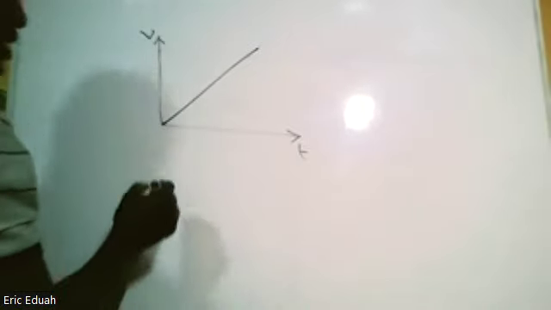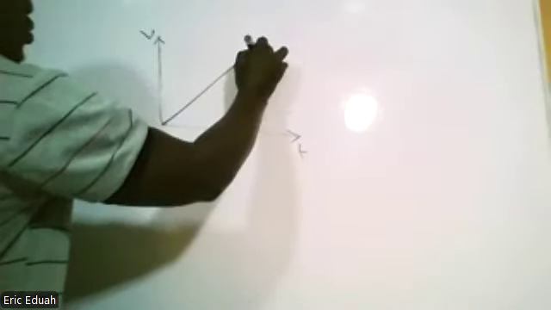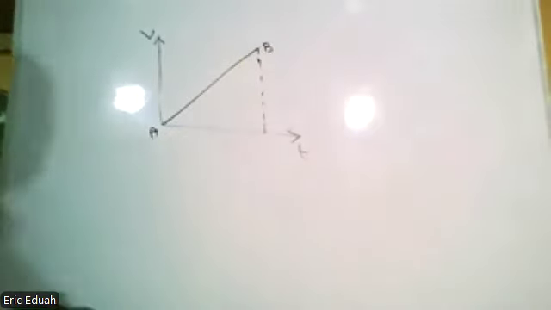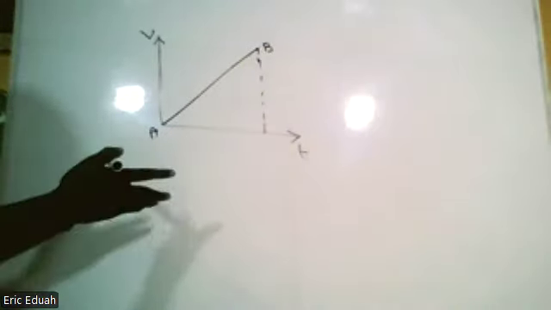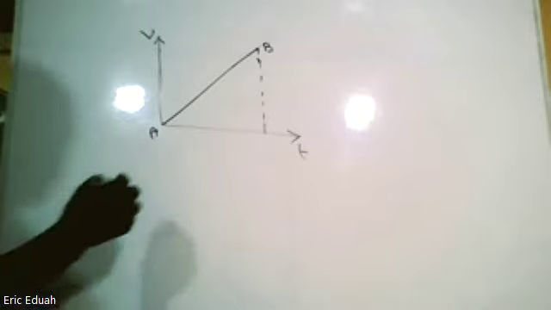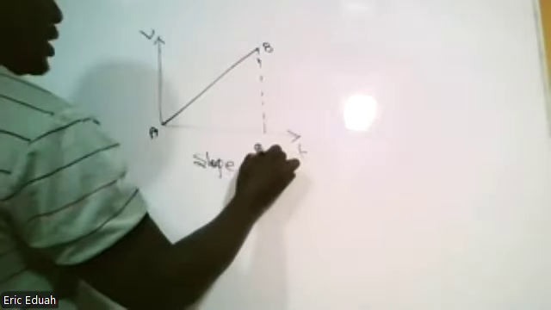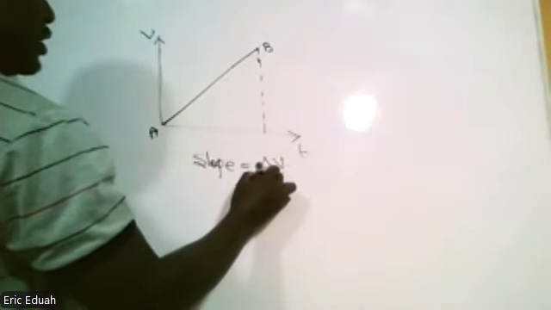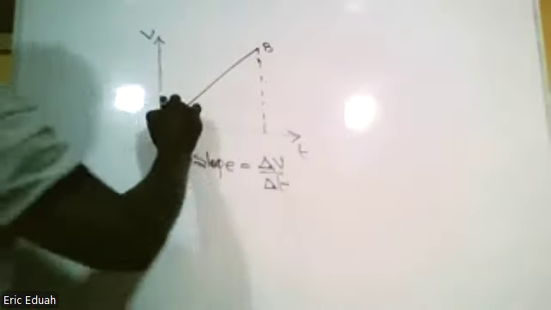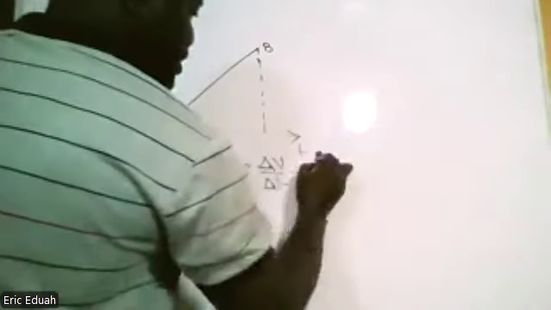So if I have this A, B, this connects to a time. If this is how the motion looks, then the acceleration of the body is the slope. The slope is equal to the change in velocity over the change in time. So we are looking for this line, this gradient AB. So this will give you the acceleration.